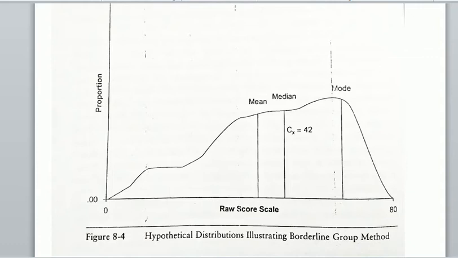So it will be calculated, and it is 42, which describes the performance of the examinees, between 38 and 52, equal to 42. So this way this borderline group will be decided.